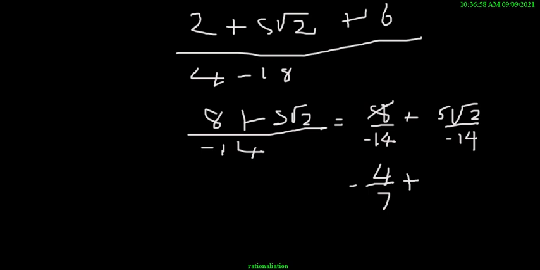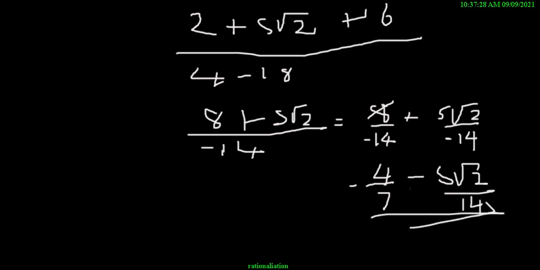So technically you can say this is negative because there's negative 14. As you can see, 4 minus 18, that's negative 14. So everything over negative 14. So this becomes negative 5 root of 2 over 14, and that's our answer.